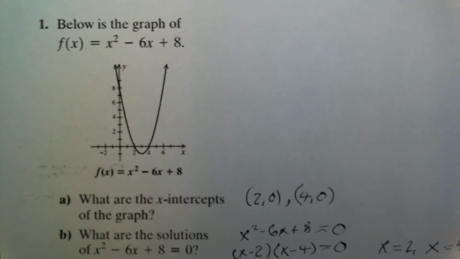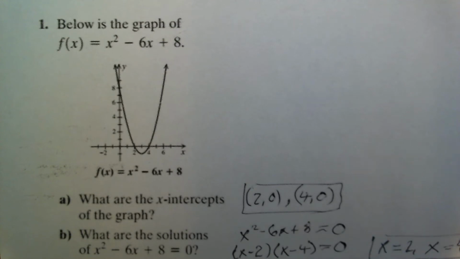I abbreviated these steps a little bit because we've done it so many times using the zero product principle. So we set each of the factors equal to 0 and solve for the variable. So that's the answer to part B. That's the answer to part A.